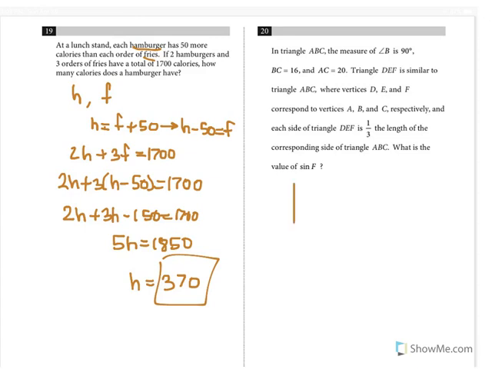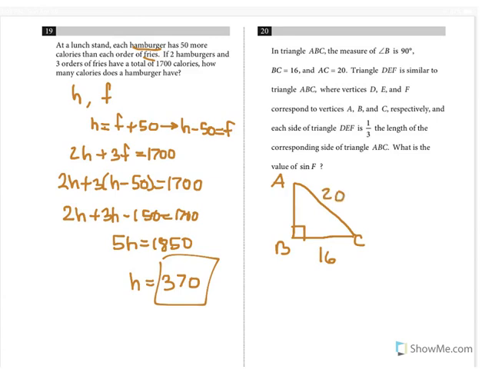So let's look at what we have. We have triangle ABC where B is 90 degrees. So there's our B. It says BC equals 16. So let's put A right here, C right here. So BC is 16, AC is 20.